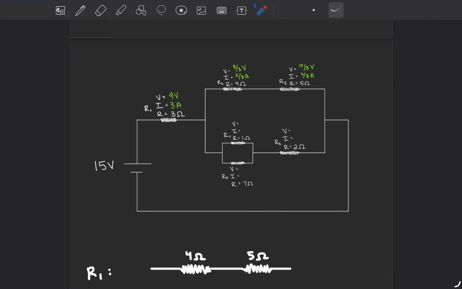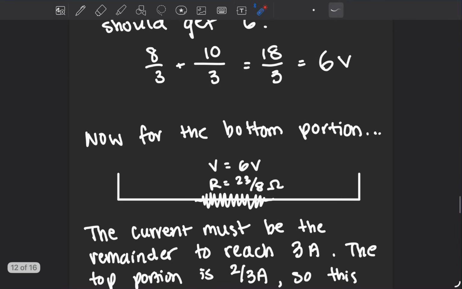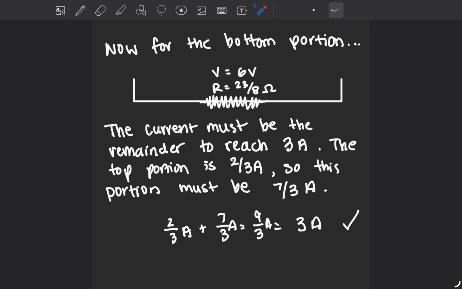And now we go to the bottom portion. So again, the voltage overall is 6 volts. And the current has to be the remainder to reach 3 amps. Since the top portion we calculated to be 2/3 amps, we can use deduction to figure out that the bottom portion must have 7/3 amps of current.